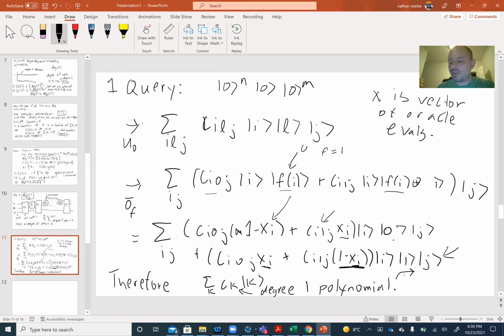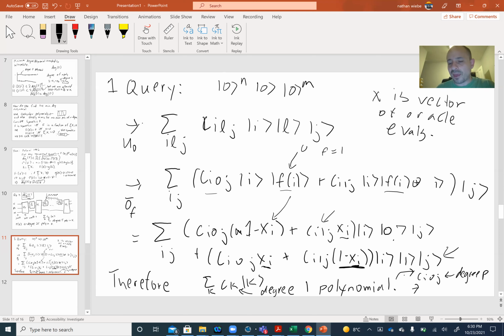Just to give a sketch of how the inductive argument goes, we assume that we start with c_i0j being a degree p polynomial. We apply a unitary to it. A unitary is going to take c_i0j and sum together all the coefficients.